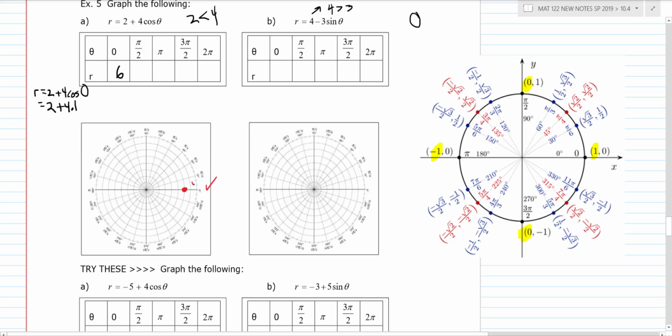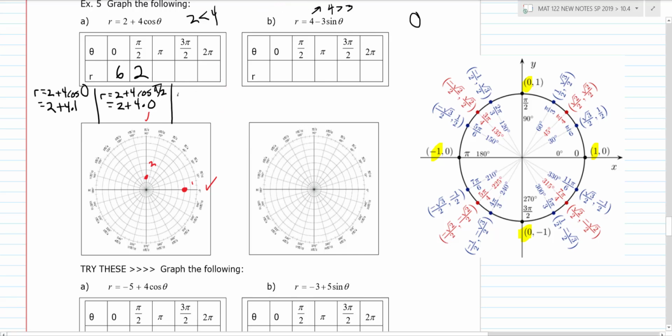So that's where the graph starts. The second point, we'll do r equals 2 plus 4 cosine pi over 2. Cosine pi over 2 is 0, so it's 2 plus 4 times 0, so that's 2. So we'll plot that point. We go to pi over 2, we go out to the second, like that. And then we'll just keep crunching on here.